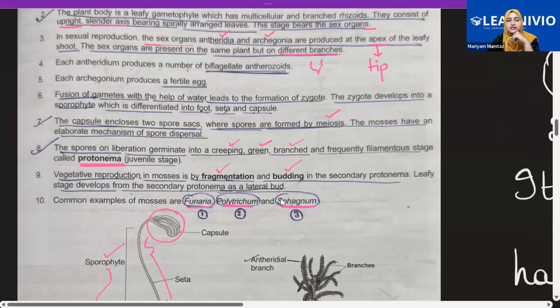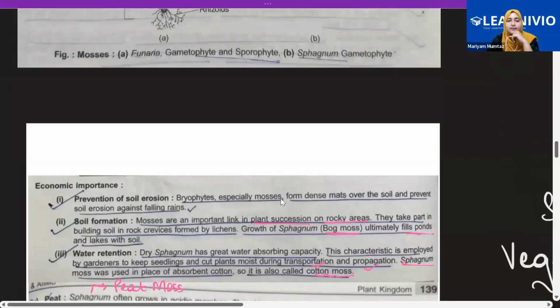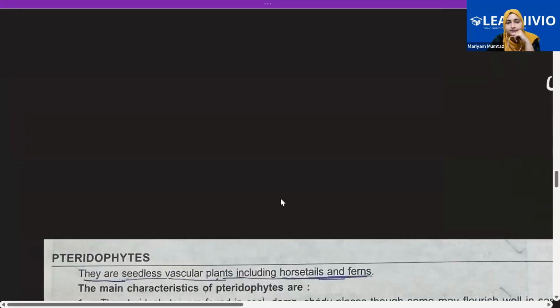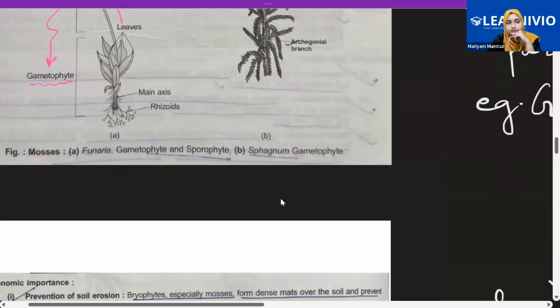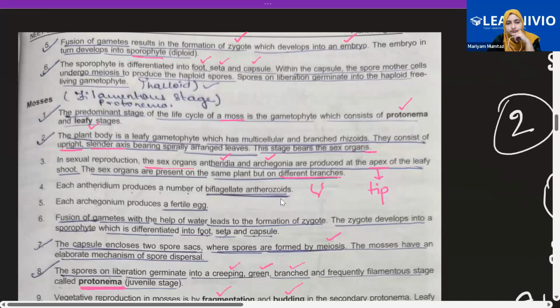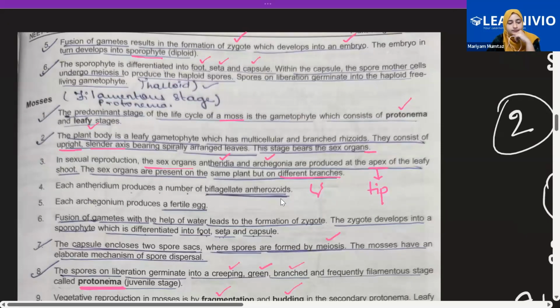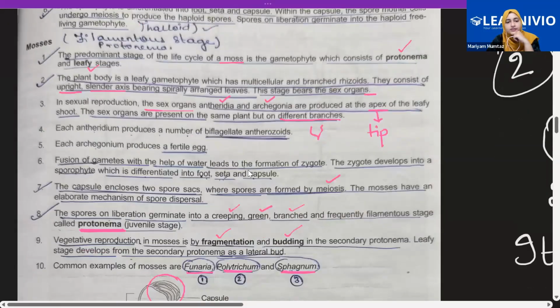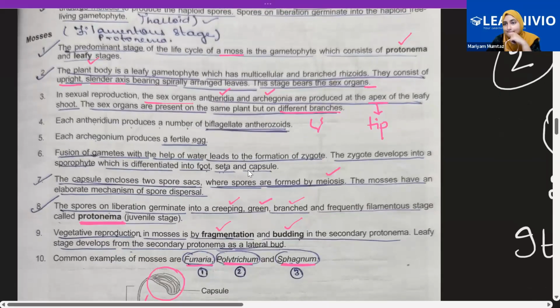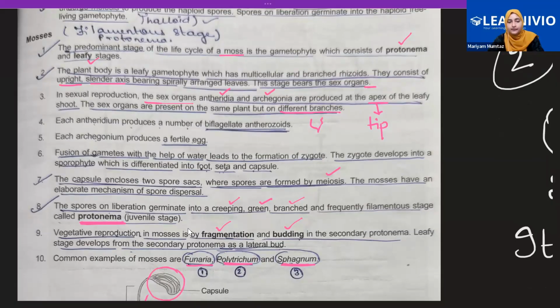Now, let me discuss the next division of the plant kingdom. Ma'am, can you scroll up just for a minute? Can you show the mosses part one more time? Okay, thank you, ma'am.